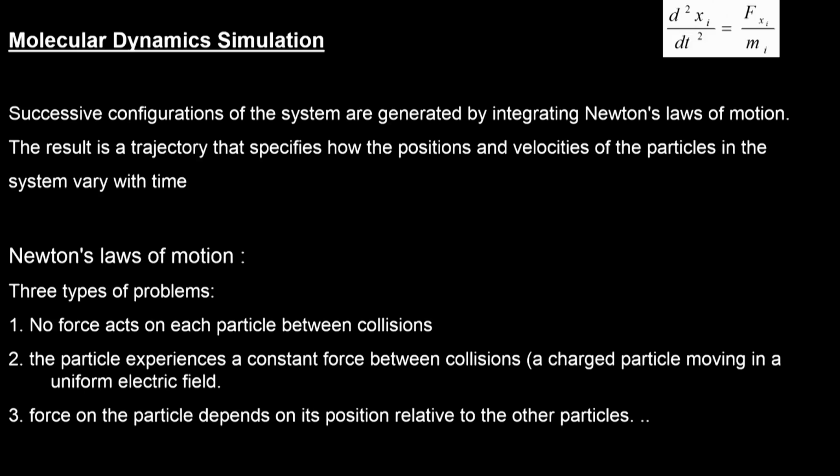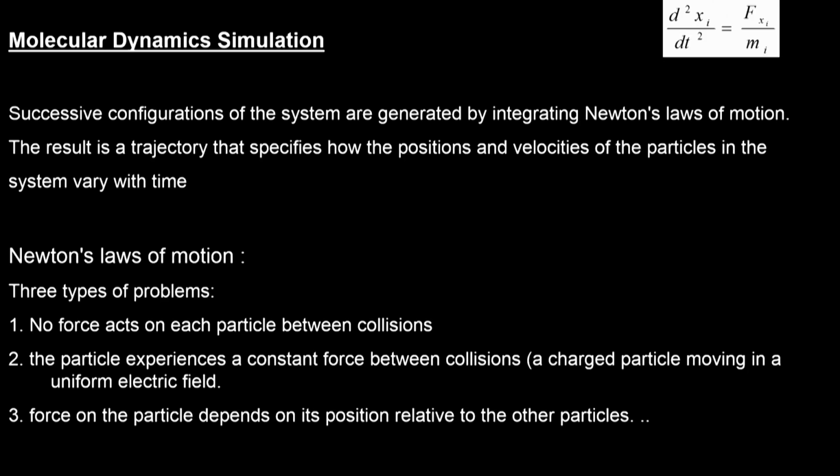It gives a trajectory that specifies how the position and velocity of the particles in the system vary with time. As you solve, you know the coordinates x_i at the time t_i. When you do t_i plus delta t, you will find a new x_i plus delta t and so on. Basically you are solving Newton's law of motion.